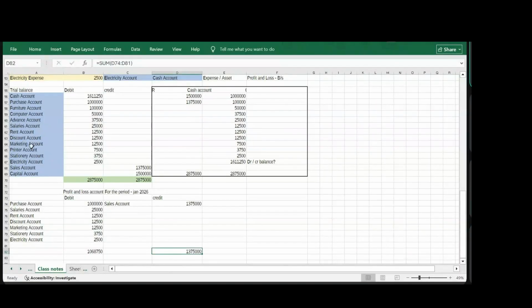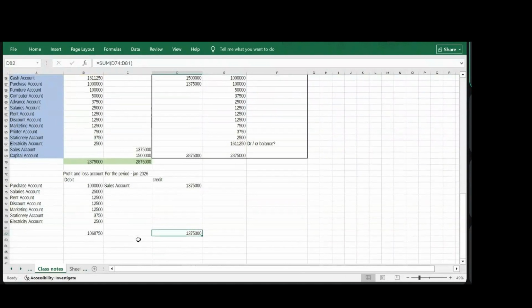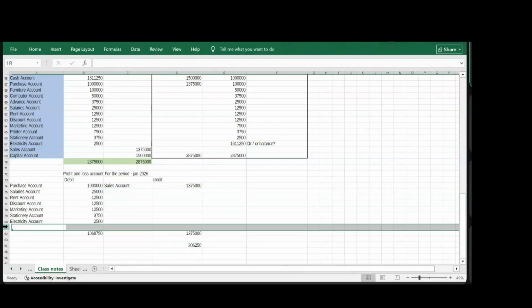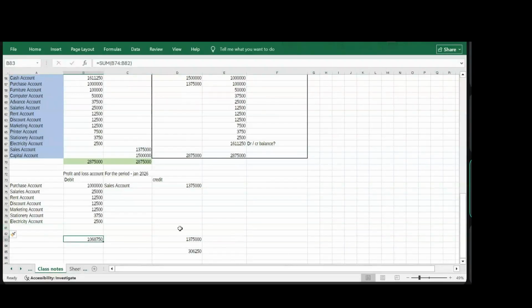Salaries, rent, discount, marketing, stationery, electricity. Okay, fine, done. Now what is the difference that we have? Can you tell me the difference? Let us put that formula. 3,06,200. Which side will it come? Which side is higher? Credits. The credit side is higher.